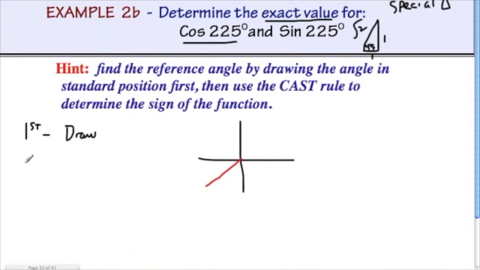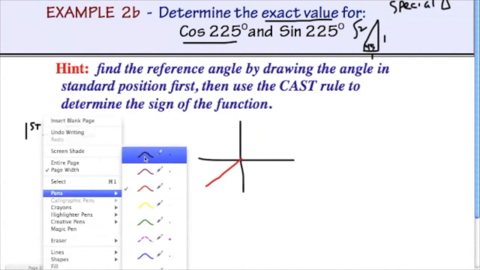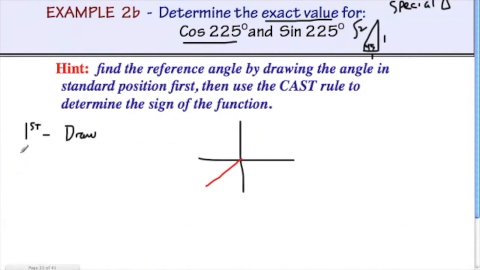Second step: you want to find the reference angle, the RA. What is that angle right there?